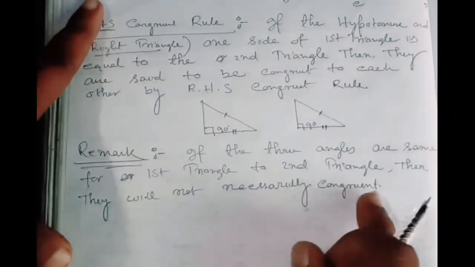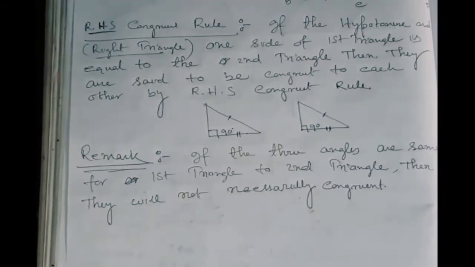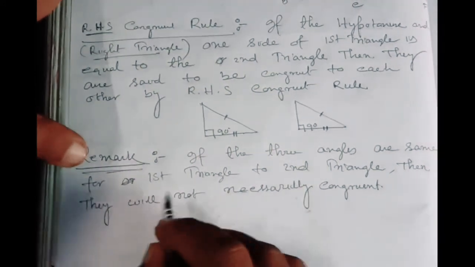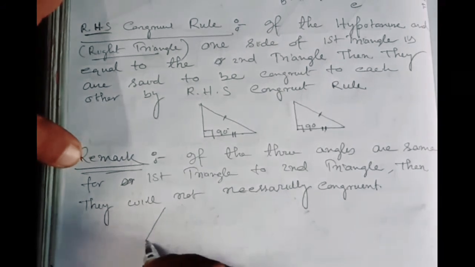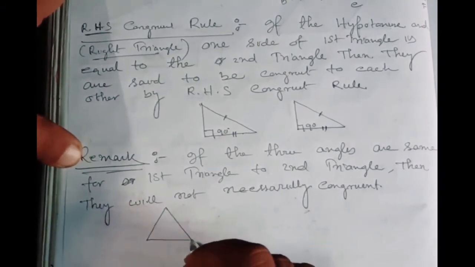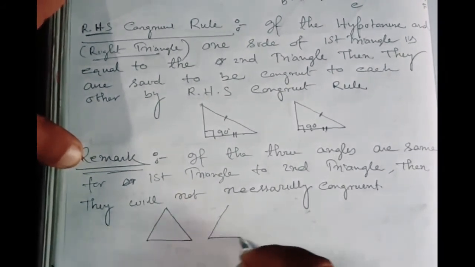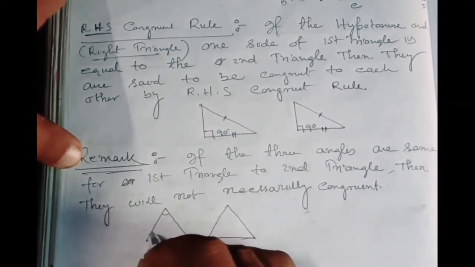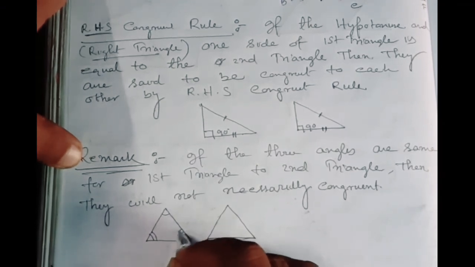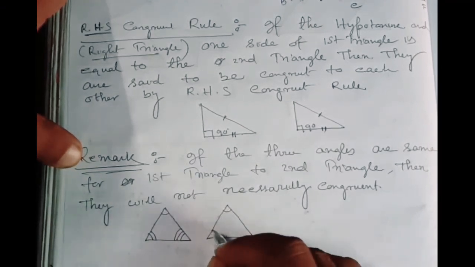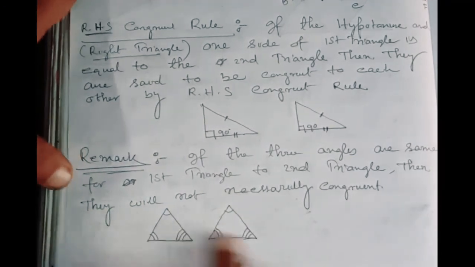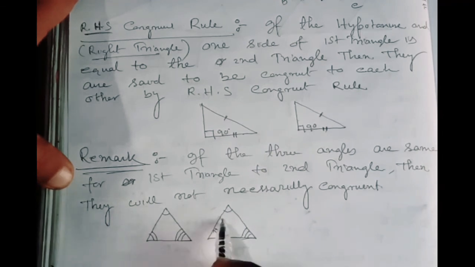There is a possibility that they are congruent, but it is not mandatory. Suppose we are drawing one figure. In this figure, as you can see, these three angles are equal to these three, so these are congruent figures. Okay, all the angles are the same.